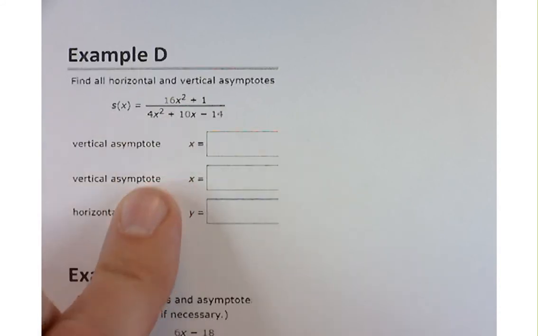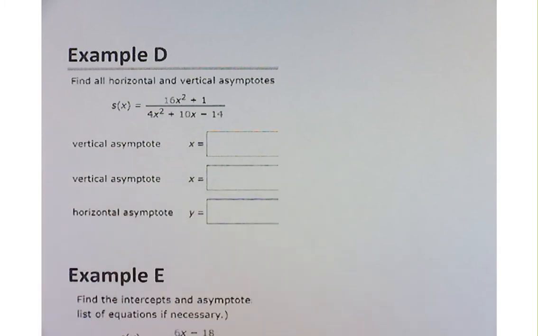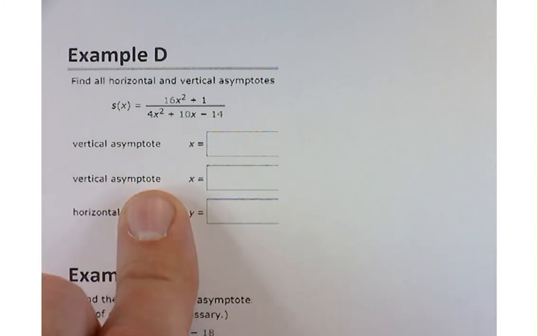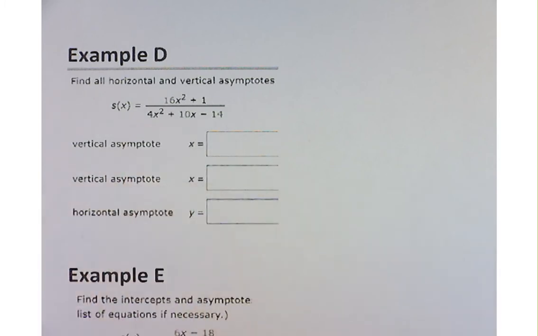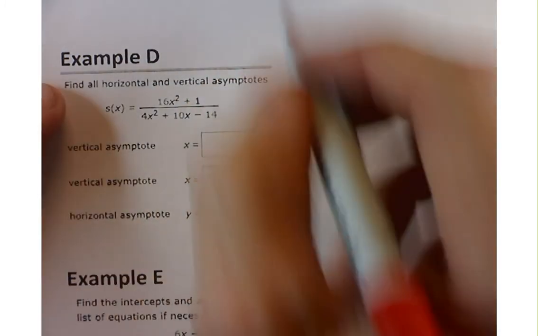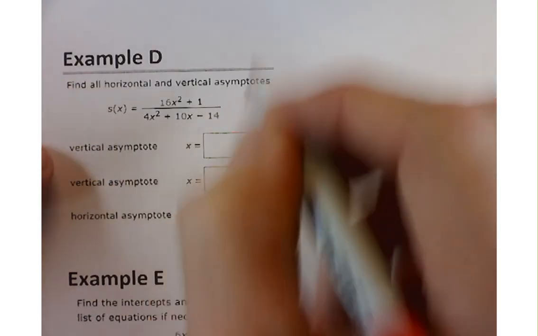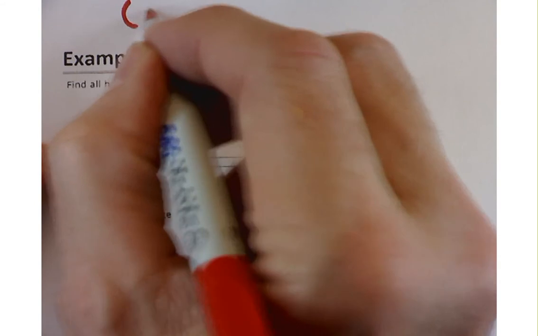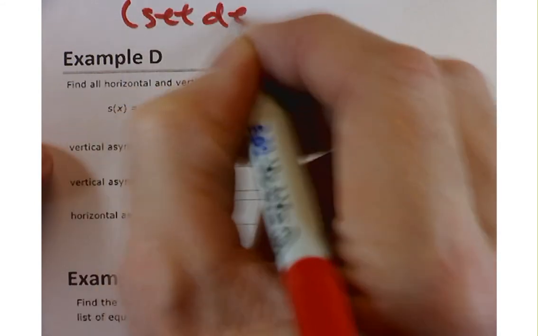I guess the vertical asymptotes, right? In order to find those, Jen, what do I got to find? What do I got to do to find the vertical asymptotes in general? Yeah, perfectly. So set the denominator equal to 0.